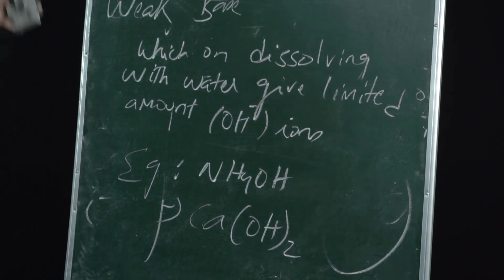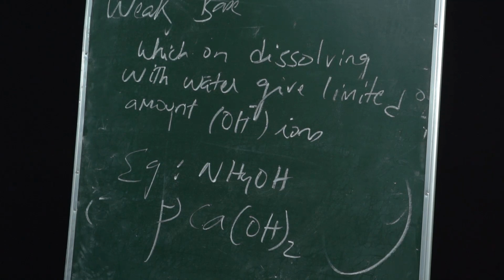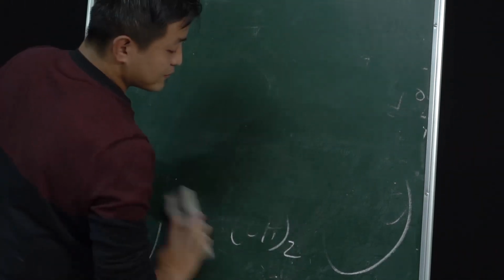So these are the two types of base, strong base and weak base. So if you are done with this one, we will go and study the chemical properties of base, which is also very important.